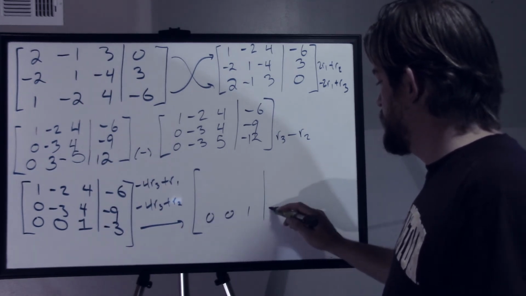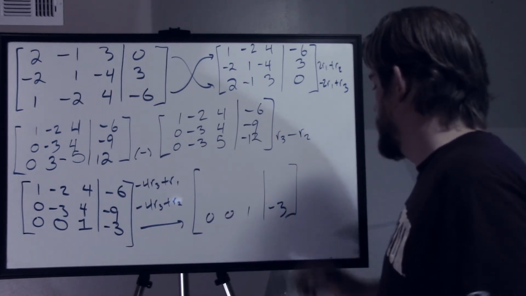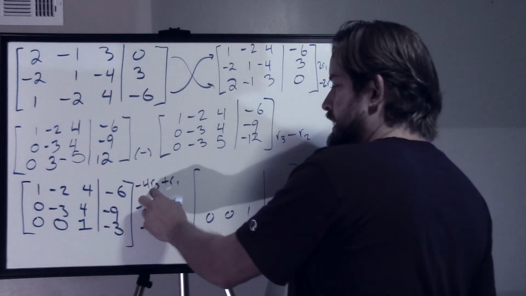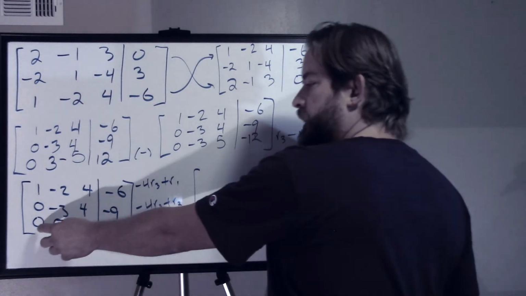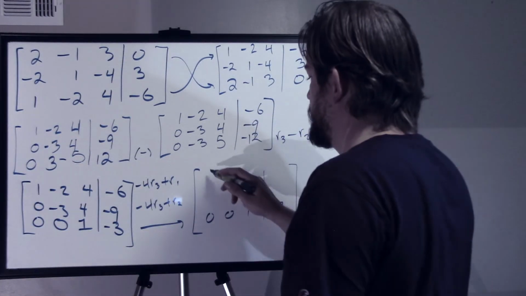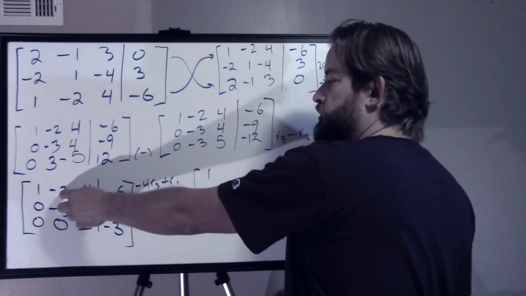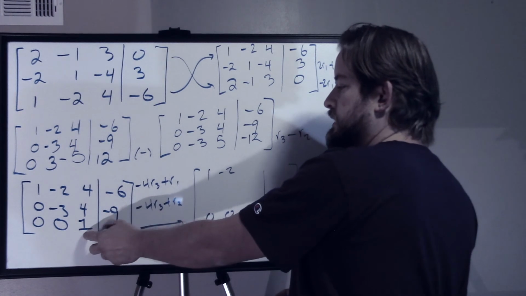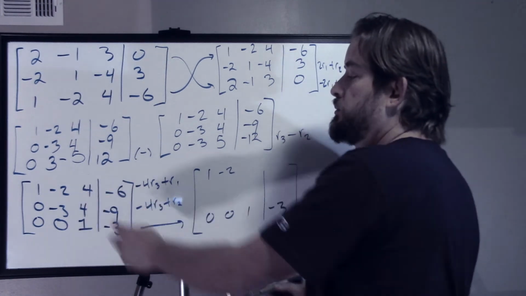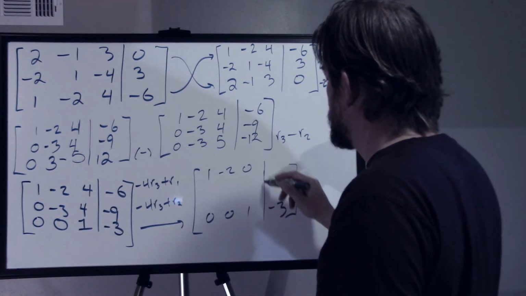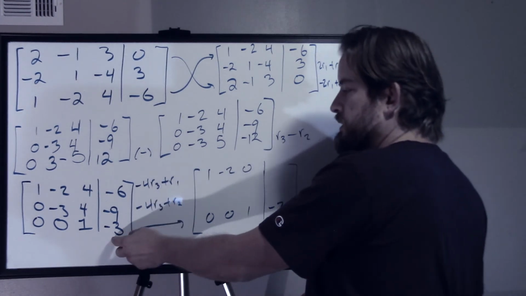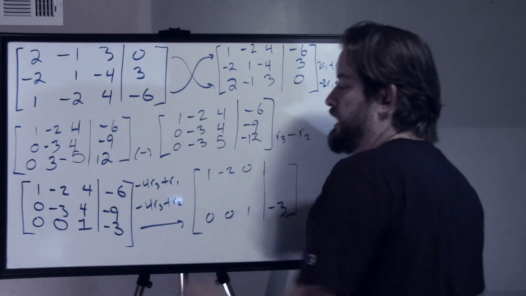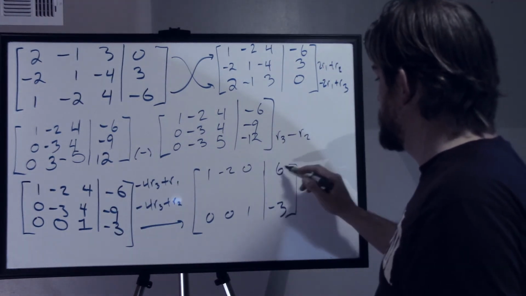I'm not going to mess with row 3 again. But eliminating these, -4 row 3's plus 1, well -4 times 0 is 0, plus 1 is 1, -4 times 0 is 0, plus -2 is -2. The only one it affects here is this, -4 times 1 is -4, plus 4 is 0, and my solution. -4 times -3 is a positive 12, plus -6 is 6.